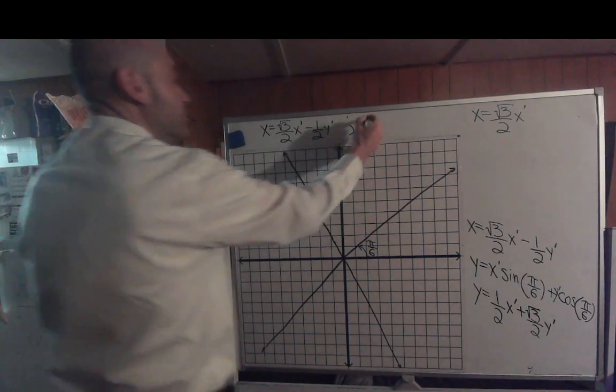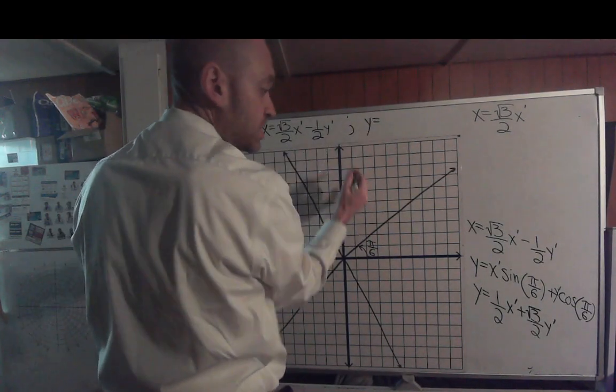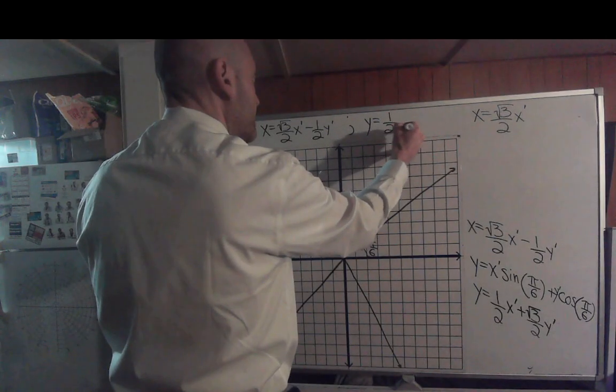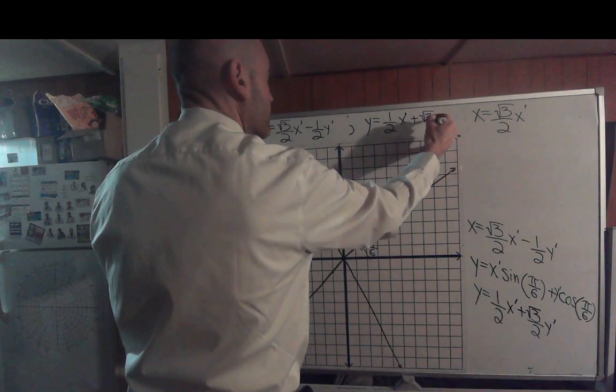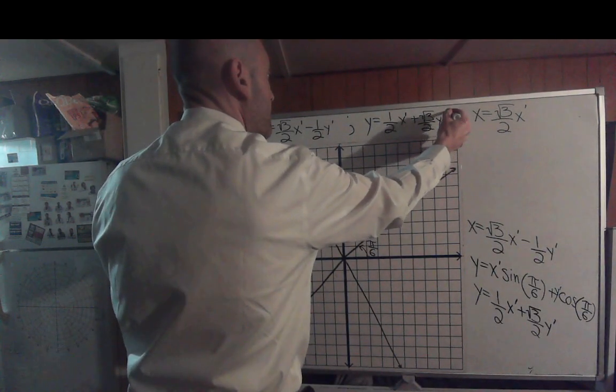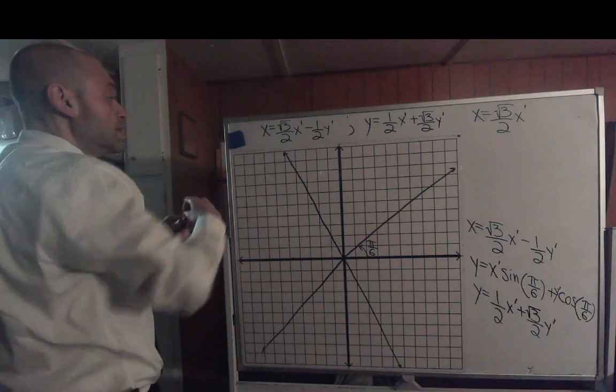And then we have y equals 1/2 x prime plus square root of 3 over 2 y prime. Alright, there we go.